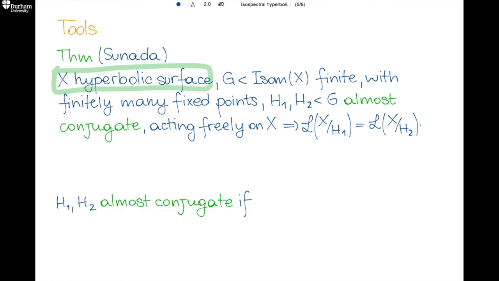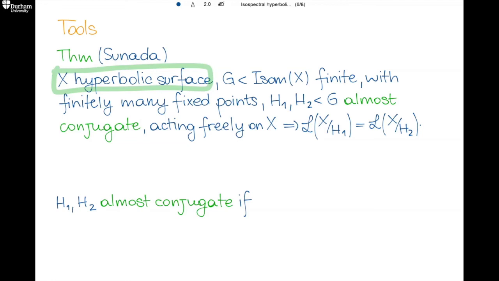So I pick a hyperbolic surface and I have a finite group of isometries of that surface. I assume that that group has finitely many fixed points. And I pick two subgroups of that group and I assume that they are almost conjugate, which I'm going to define in a minute, and that they act freely on X.